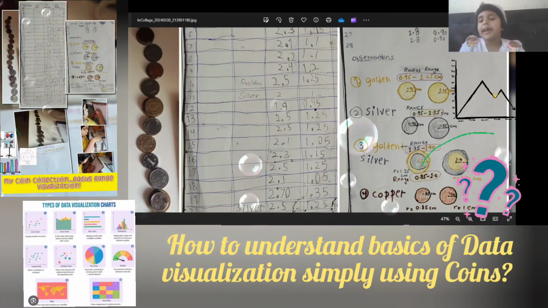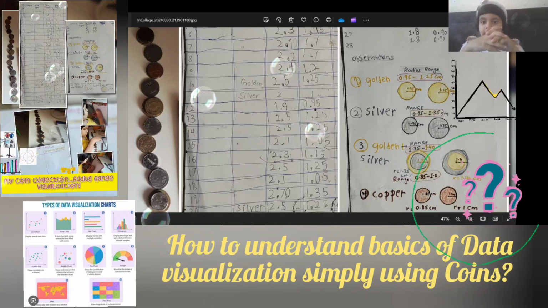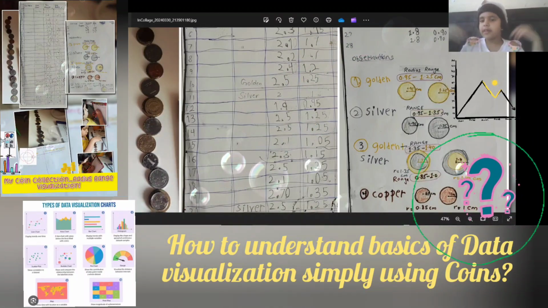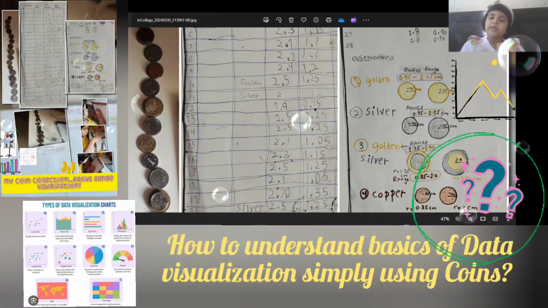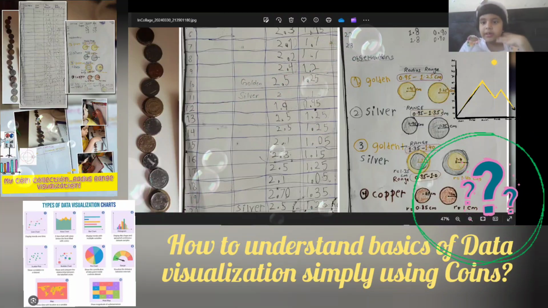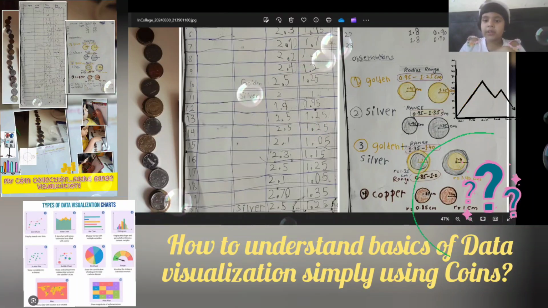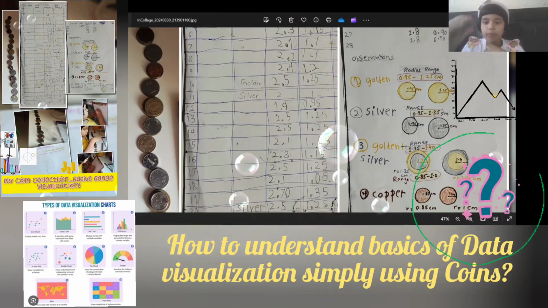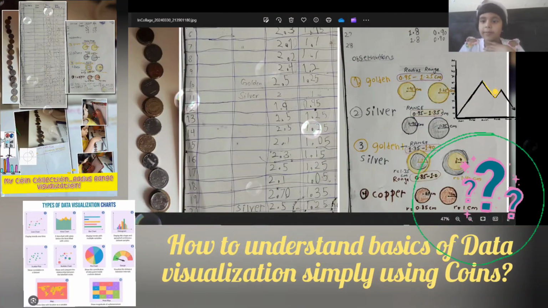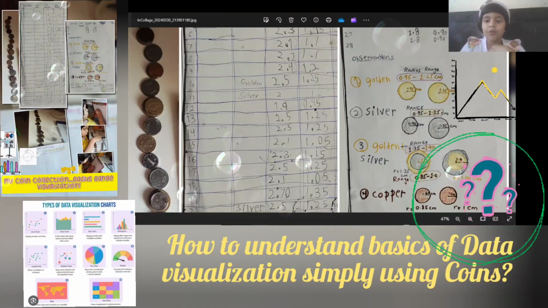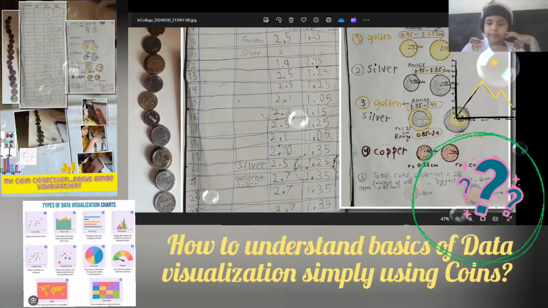So first I found in the golden, what is the biggest and the smallest? In the radius, here in the golden, it is 0.95 centimeters, the smallest in golden, and the biggest 1.25 centimeters.